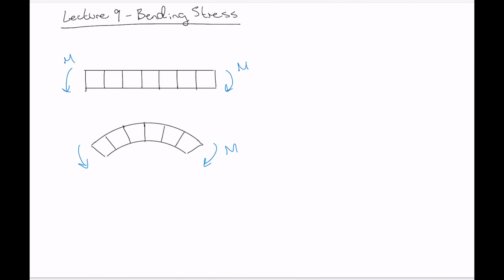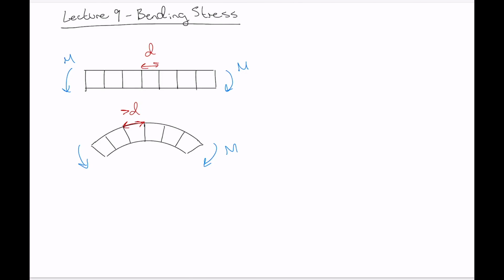So the thing to realize here is that if this distance between each of these lines on the undeformed case was D, then after the beam undergoes deformation under the influence of the moment that I've drawn, that distance there is greater than the distance D. So the top of the beam has been stretched.